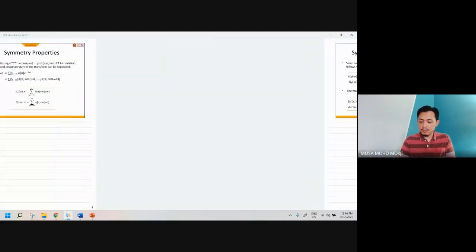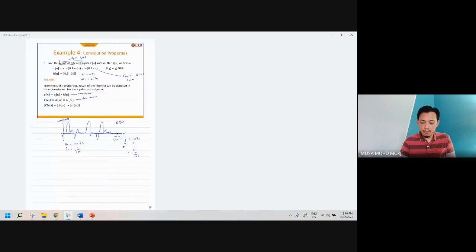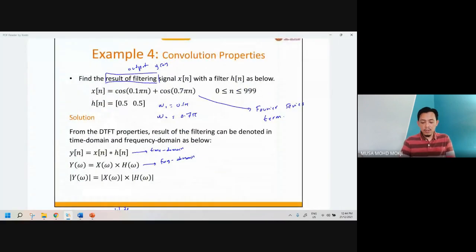Okay, so let's do that. Now we know that, so the magnitude is also multiplied. We can say that the magnitude of X(omega) will be multiplied by the magnitude of H(omega).